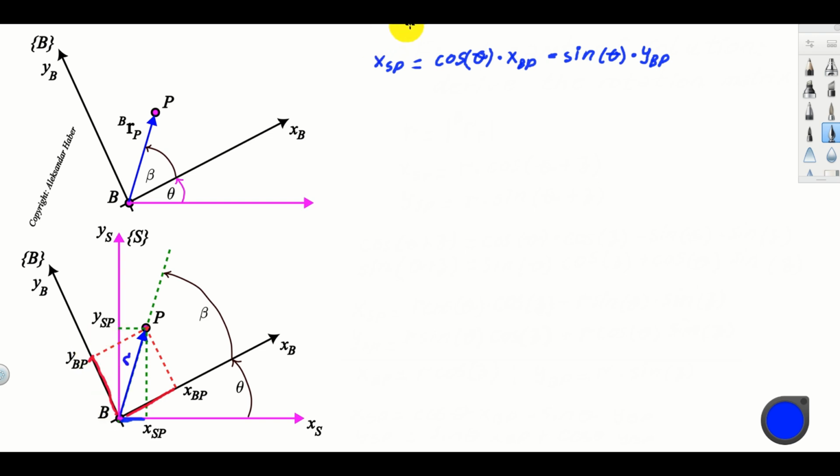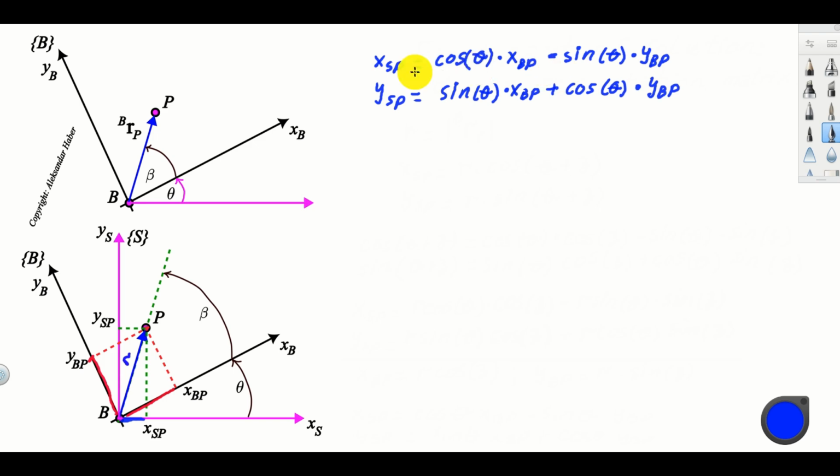And this is our first important equation. The second equation is obtained in a similar manner, that is YSP is equal to sine of the angle theta multiplying XBP. Then we have plus cosine of the angle theta multiplying YBP.